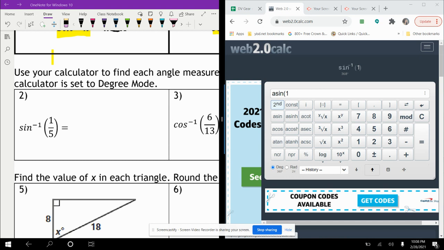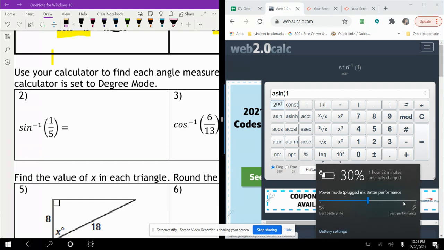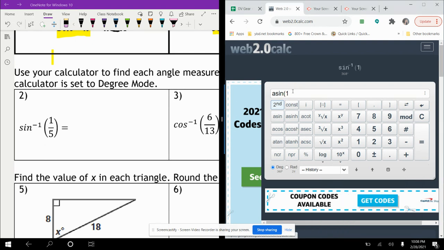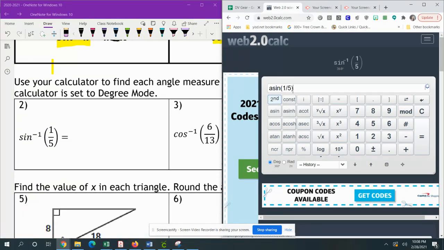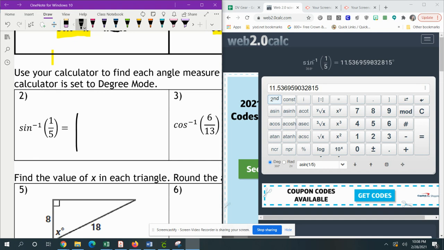Let me use my keyboard. Okay, so 1 over 5, close parentheses, enter. You can see up here at the top it has sine inverse of 1 over 5. It threw me off a little bit. But here it goes, 11.5 degrees. So if we're rounding to the nearest degree here, we are going to round to 12 degrees.